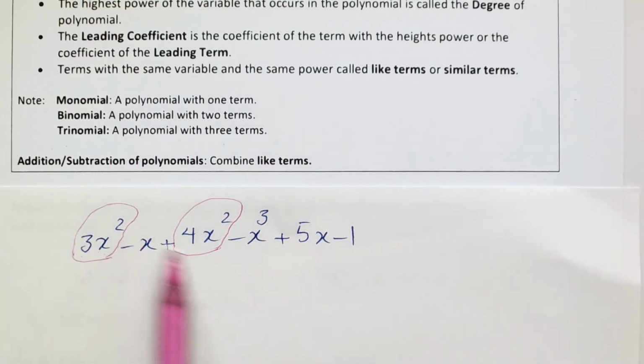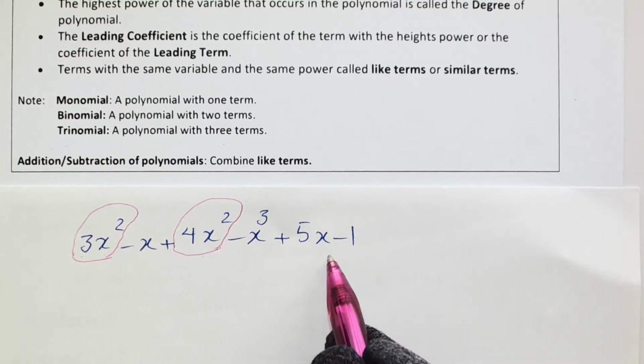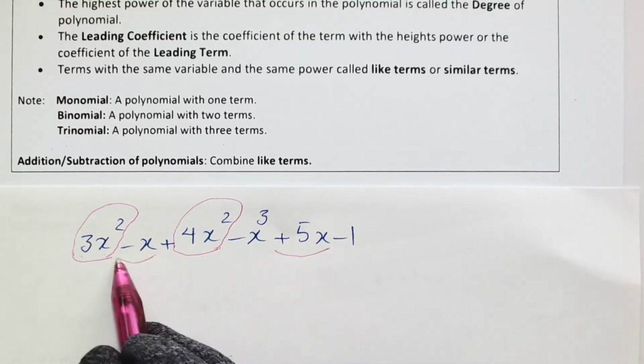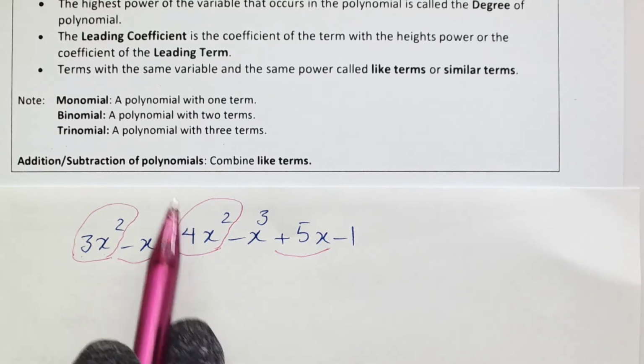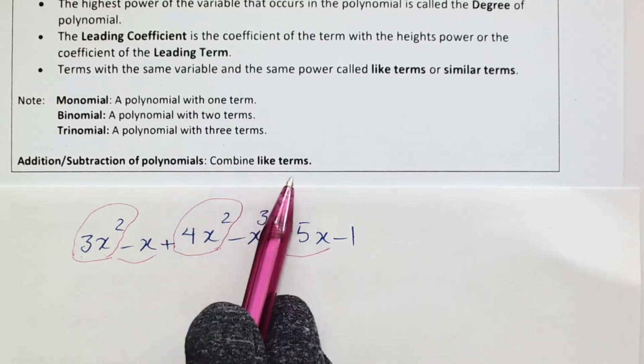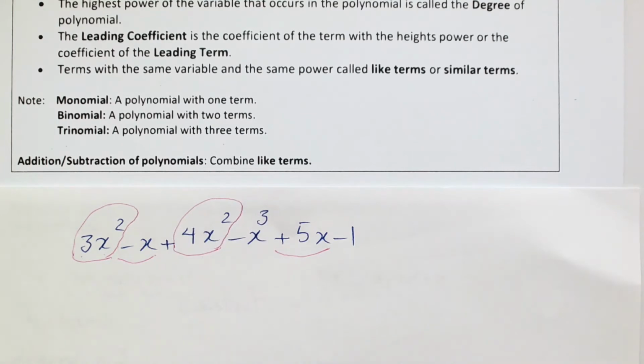So here 3x squared and positive 4x squared are similar terms, or like terms. 5x and negative x are like terms. To add or subtract polynomials, we just need to combine those like terms.